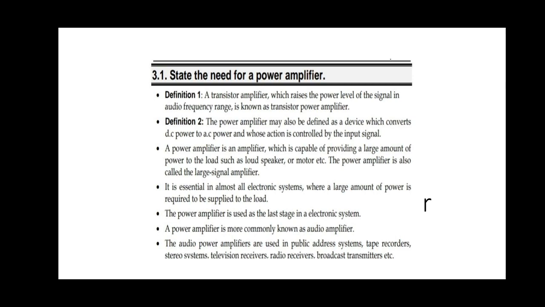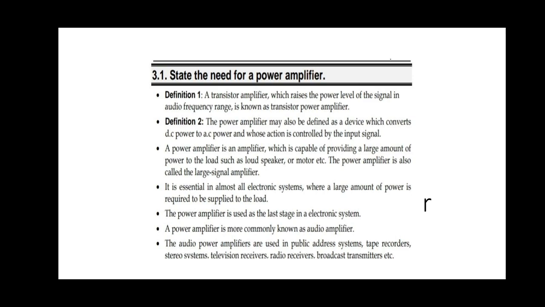When a person speaks into the microphone, sound waves are converted into an electrical signal. This electrical signal is very low voltage, less than a millivolt. If fed directly, it cannot drive the loudspeaker to give an audible sound output.